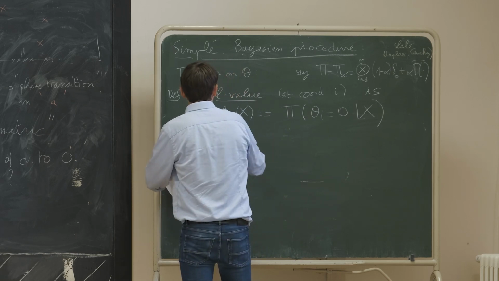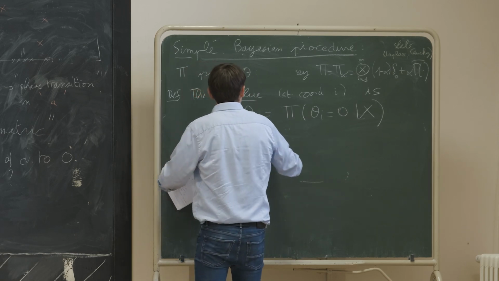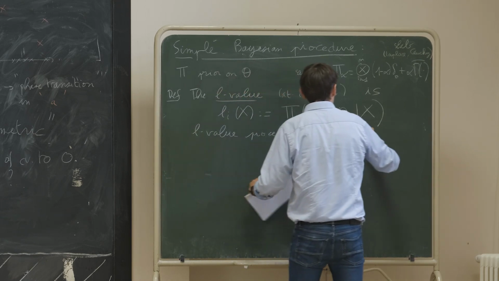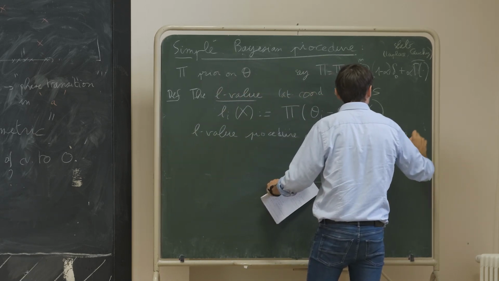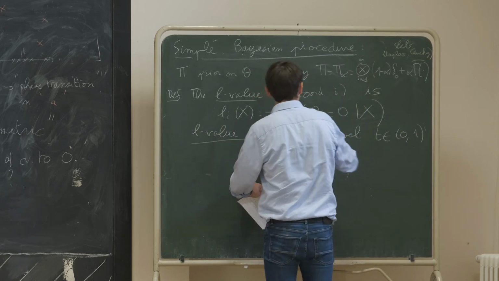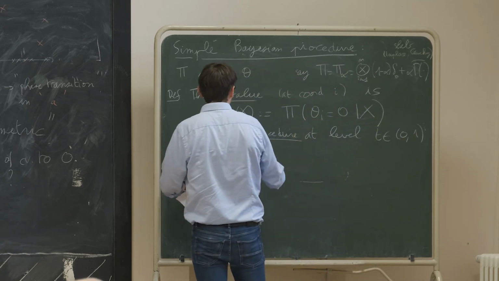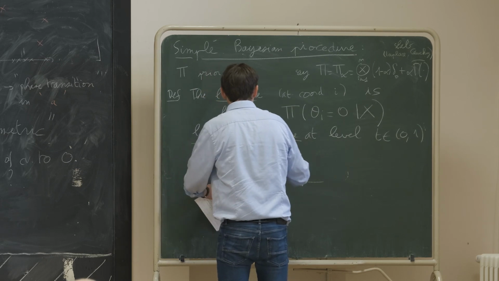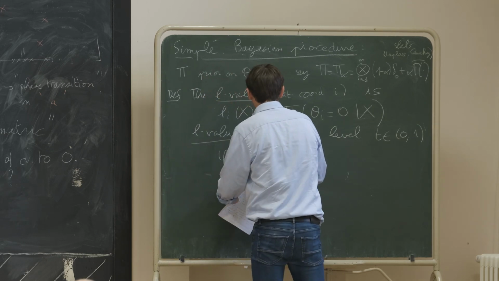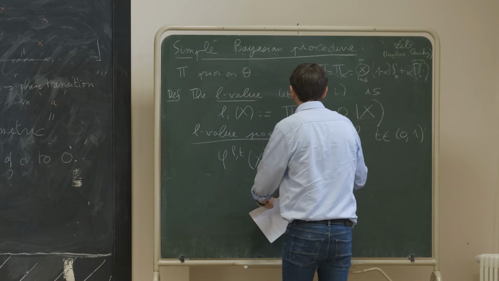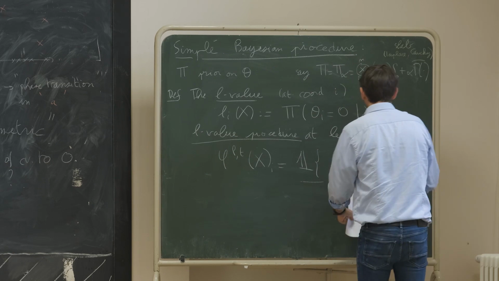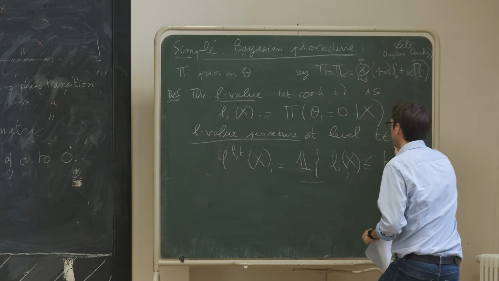Then the L-value procedure at level t in (0,1): phi Lt of x at coordinate i is just the indicator that Li of x is smaller than t.